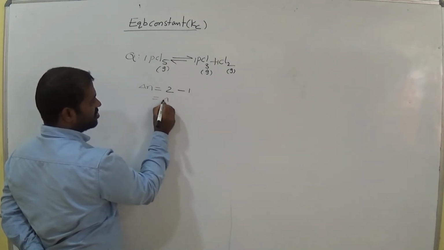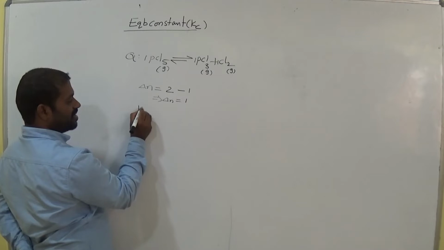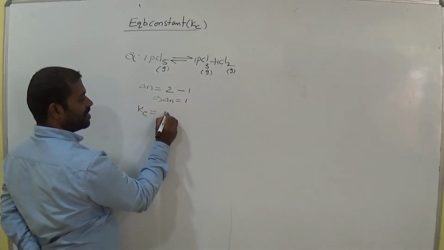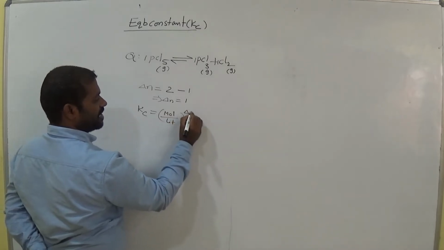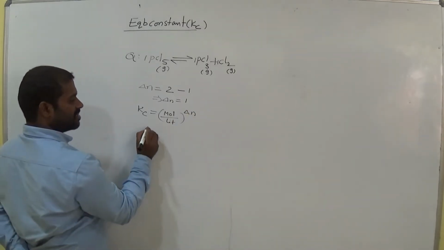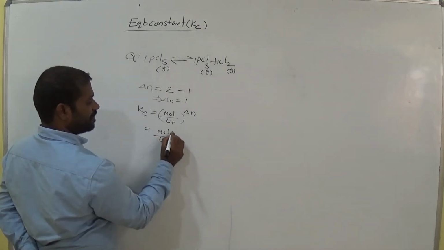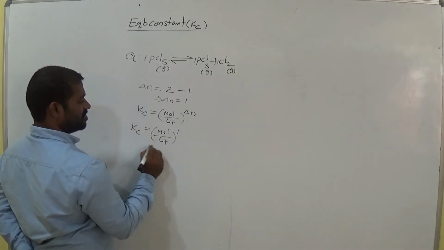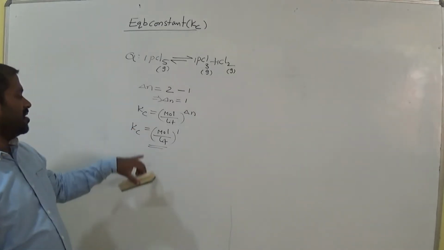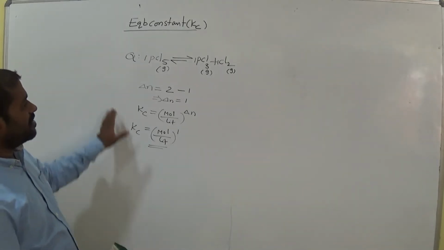So delta n equals how much? 1. Now units for Kc, mole per liter whole power delta n, am I right? Therefore mole per liter, since the value of delta n is 1. This is called the unit for the equilibrium constant for this equation. So is it clear for all?